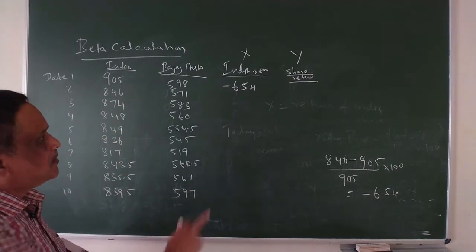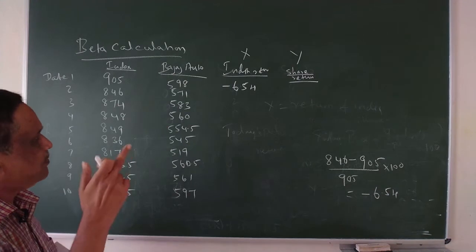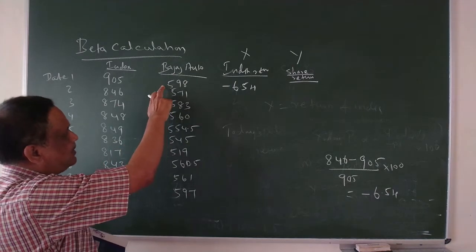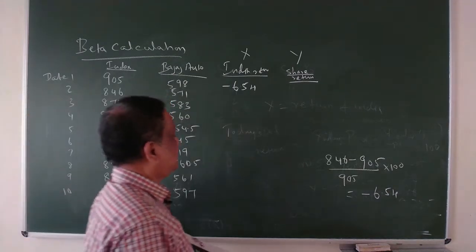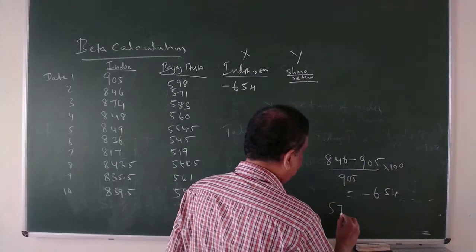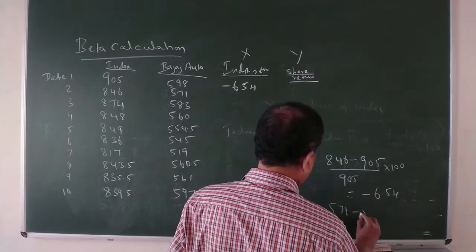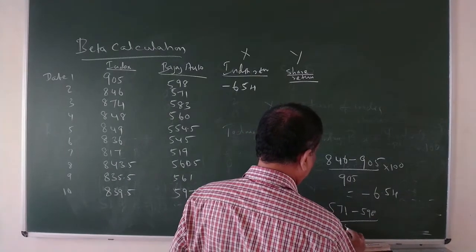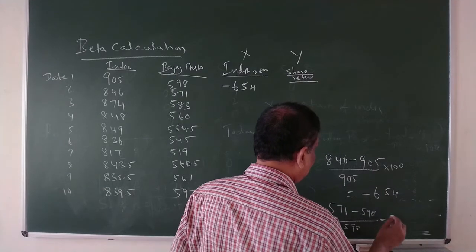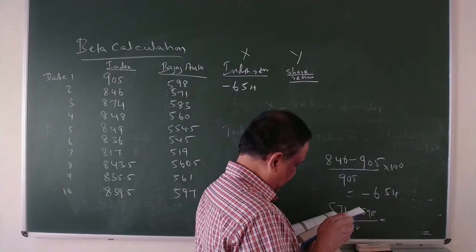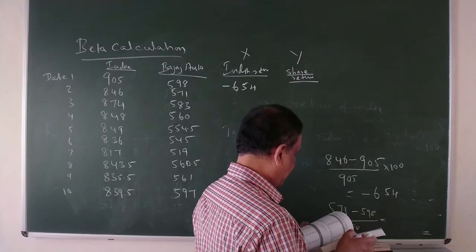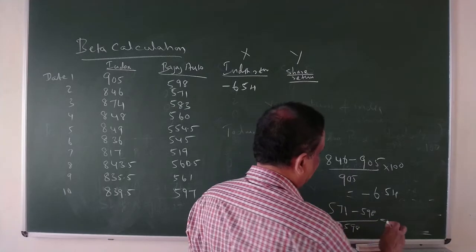Similarly, for y, 571 minus 598 divided by 598, that would give you minus 4.52. Okay.